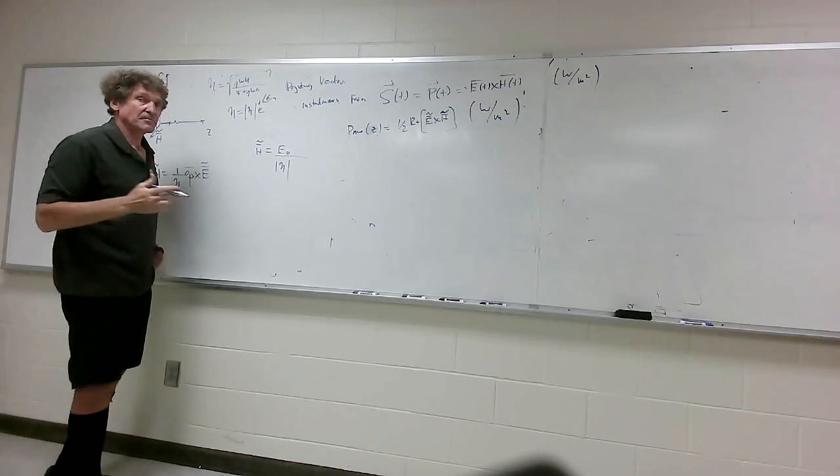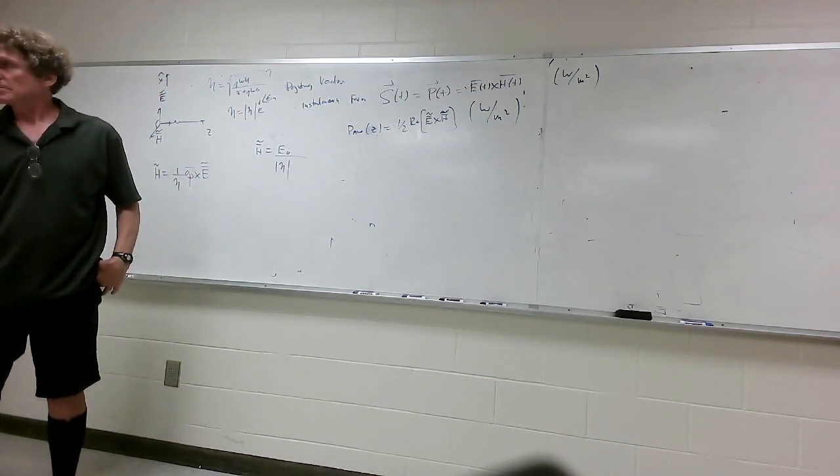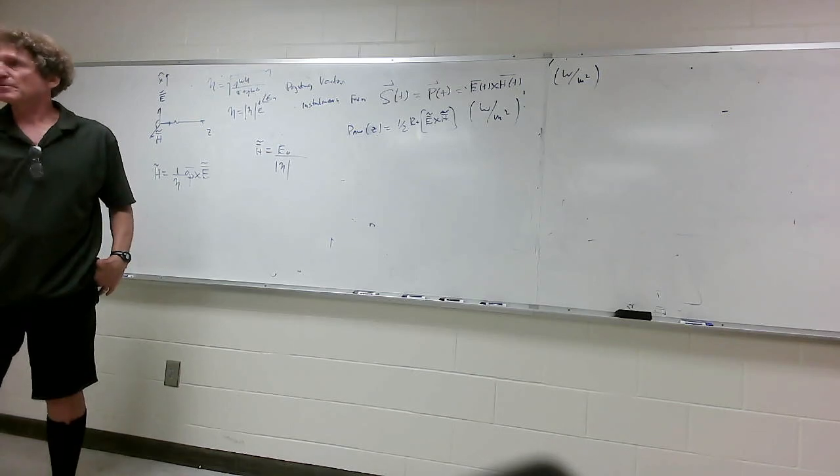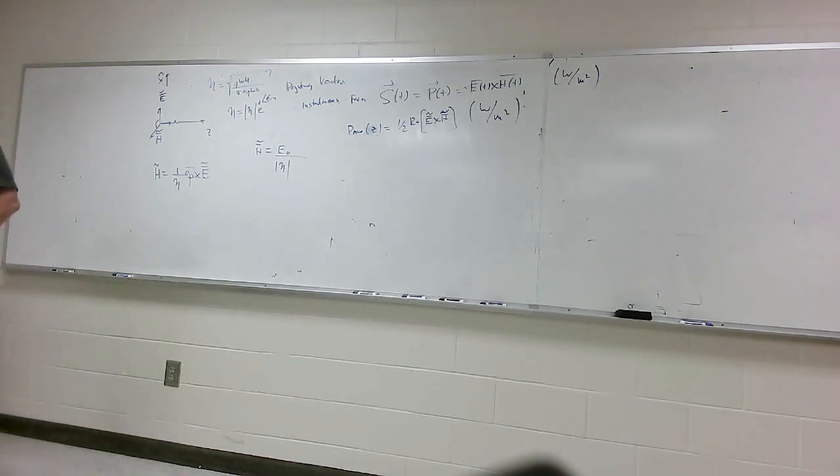Is everybody familiar with that? Do you remember? You don't remember intrinsic impedance? Were you in the last class? That's what this is. It's called the intrinsic impedance. That's what that eta symbol is.